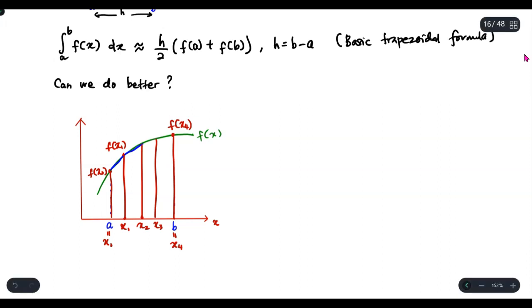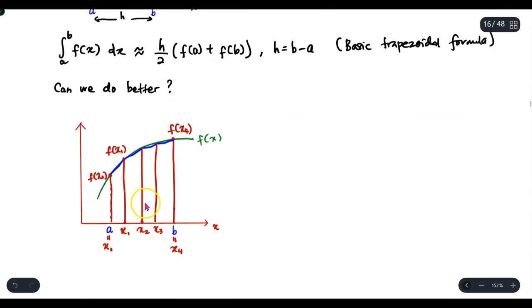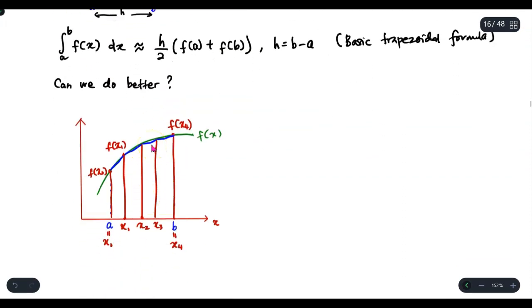From x2 to x3, maybe that will be your trapezium, and from x3 to x4, you have that. Now you see, in terms of error, you can reduce the error from this to this. Maybe somewhere here is your error, much smaller compared to if you only have one trapezium.